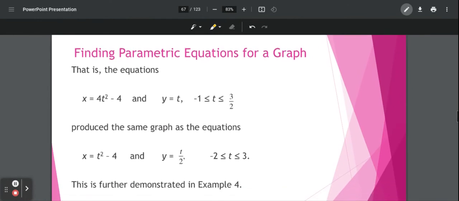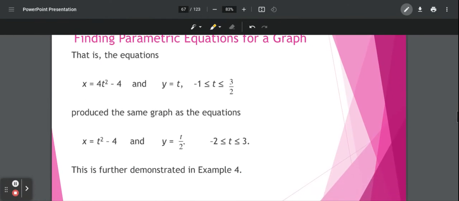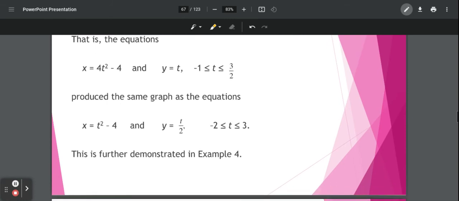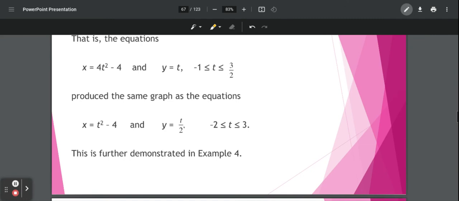What happens is if we're given the equation x equals 4t squared minus 4 and y equals t, and we have a parameter, then it produces the same graph as if x equals t squared minus 4 and y equals t over 2. Okay? So it's possible that you can have different parametric equations, and if they produce the same graph, then your parameters are probably different.